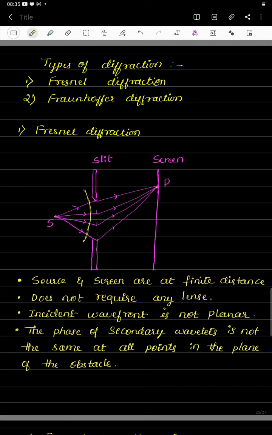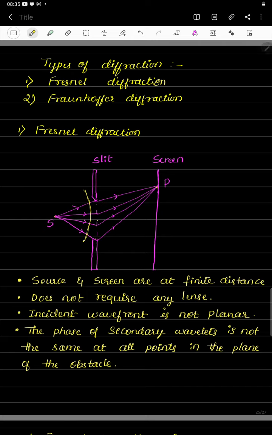As a result, the phase of secondary wavelets is not the same at all the points in the plane of the obstacle. This is the plane of the obstacle. In this plane of the obstacle, all the secondary wavelets are not in phase.